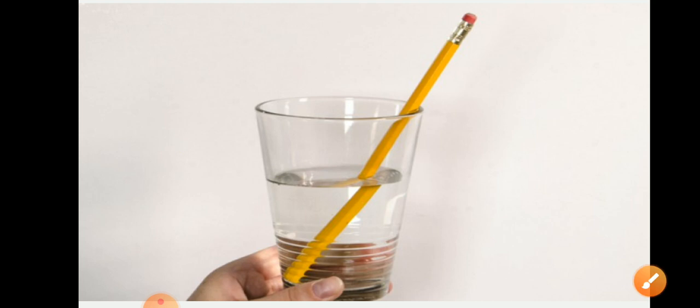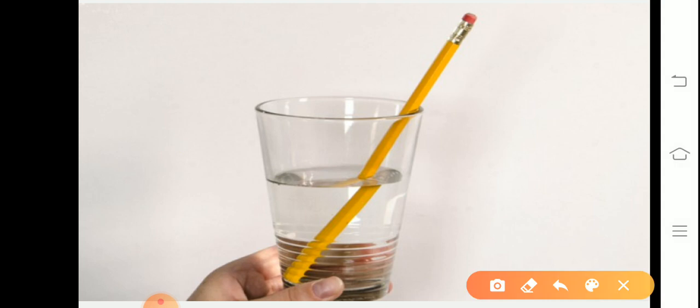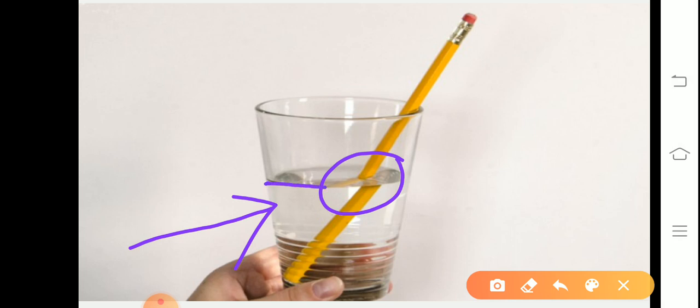See, when a pencil is kept inside a glass of water, if you look through one side of the glass, it appears bent at the interface. The interface is the line which is separating the two mediums.